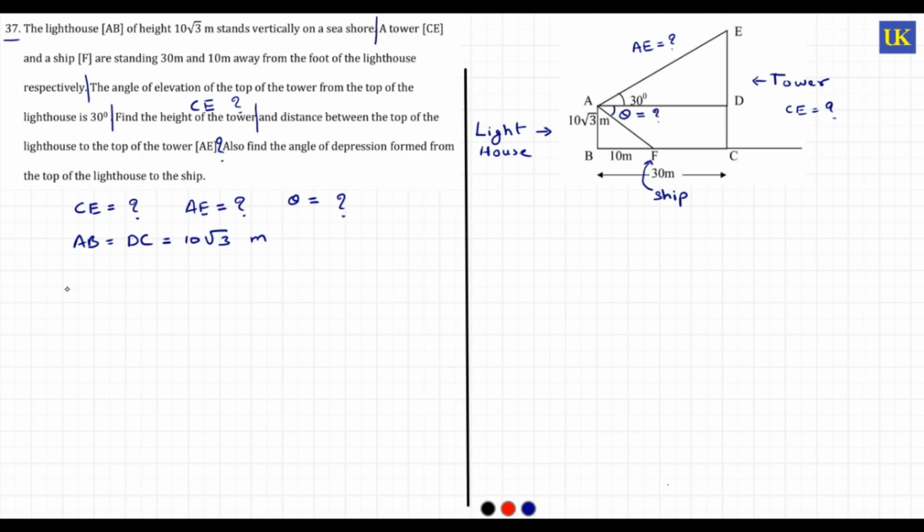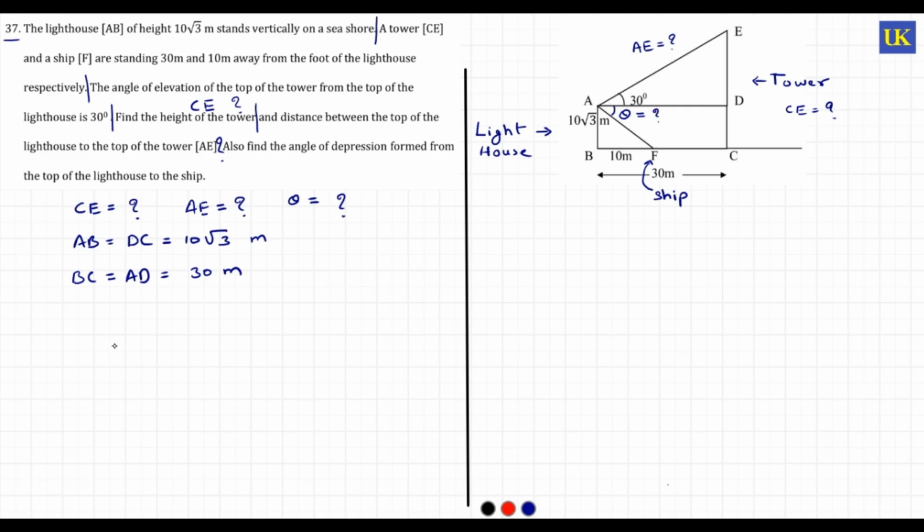We'll note this down. Then they have given BC equal to 30 meters, which is also AD. So this is our understanding.